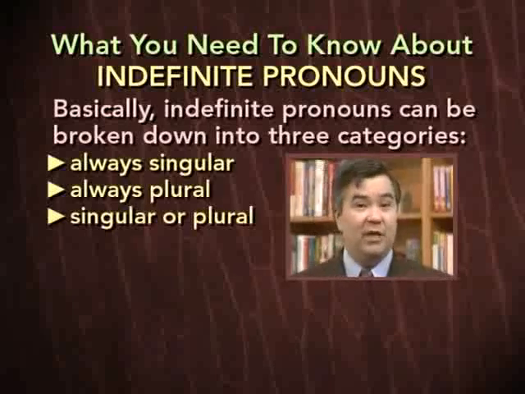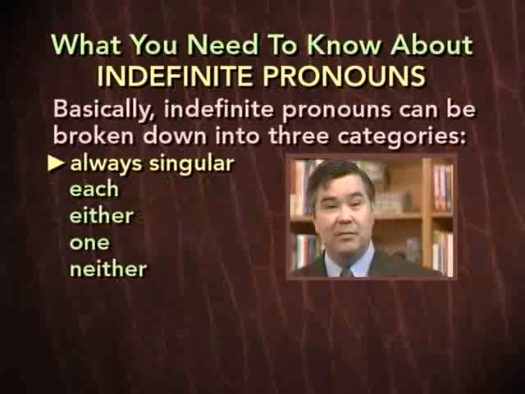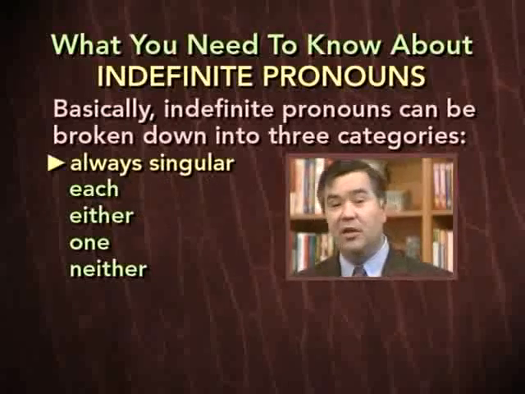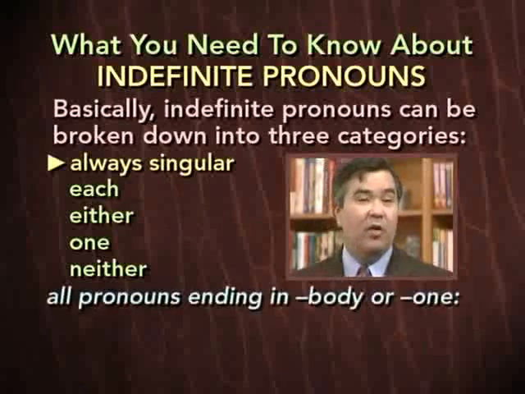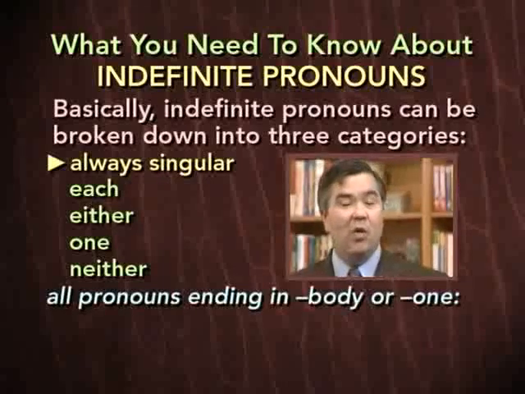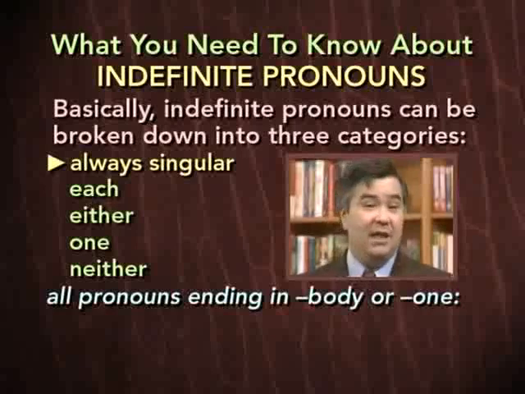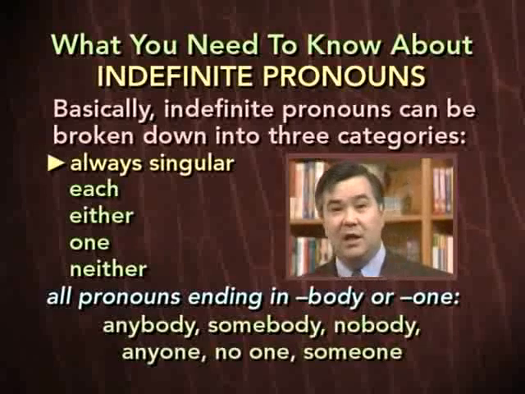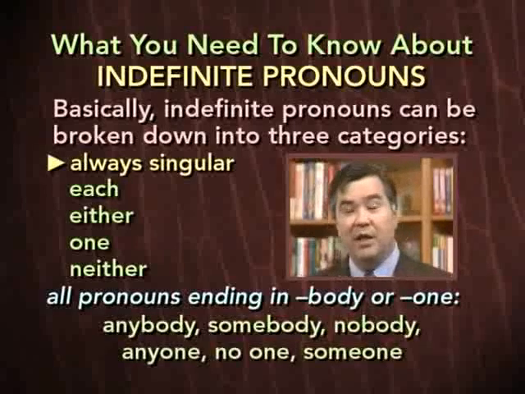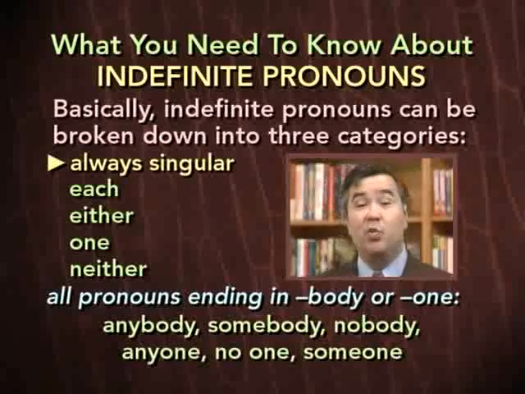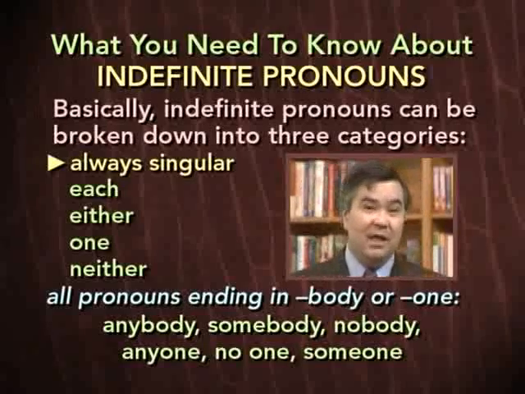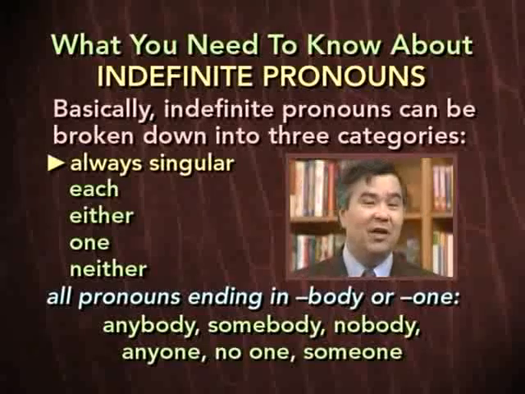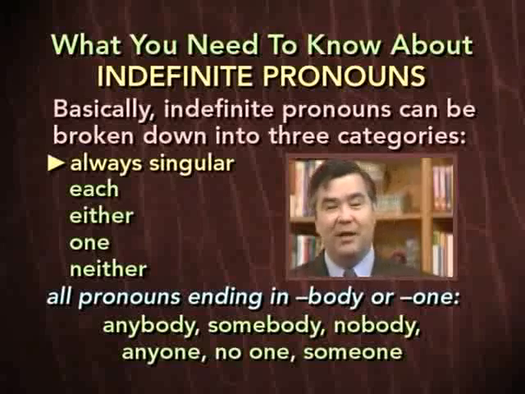The following indefinite pronouns are always singular: each, either, one, neither, and all pronouns ending in body or one, such as anybody, somebody, nobody, anyone, no one, and someone. Whenever you use one of these indefinite pronouns as the subject of a verb, always consider the pronoun singular and use a singular verb as well.